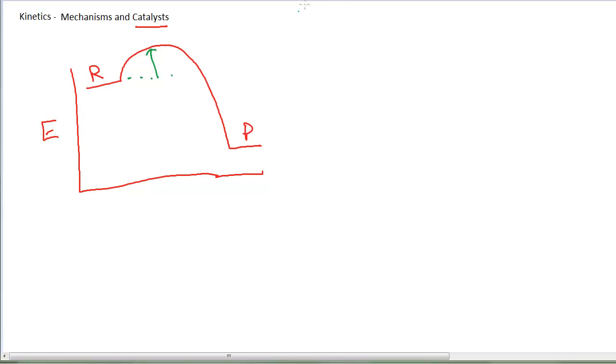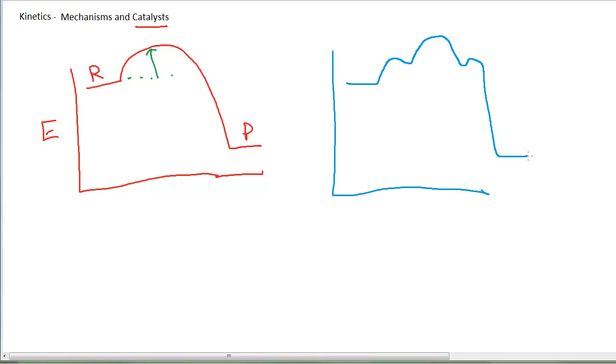And now we know that it's often a series of steps, a mechanism, and so this picture is actually an oversimplification of what the energy diagram might actually look like. There might be 3 steps before you go on and form your products, for example. So from reactants to products, it might require 3 steps with some intermediates in between, and each one of the steps would have its own activation energy, but the activation energy for the reaction would be defined as the energy to get to the peak of the energy.